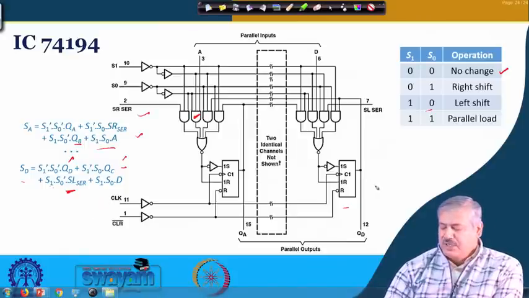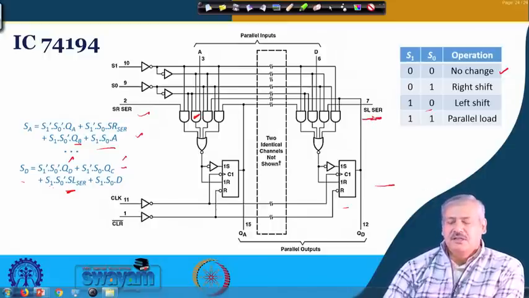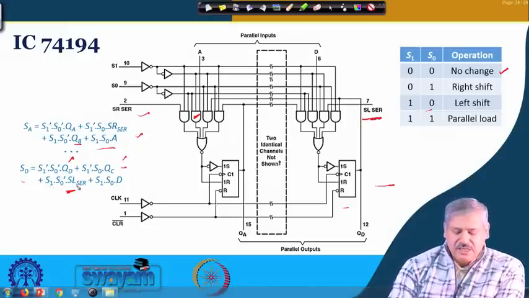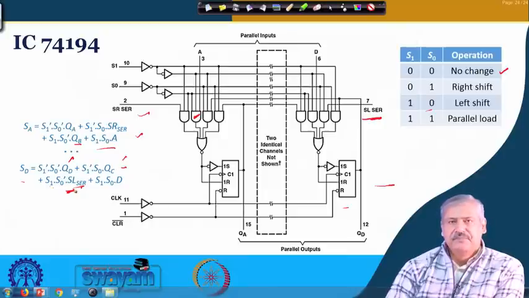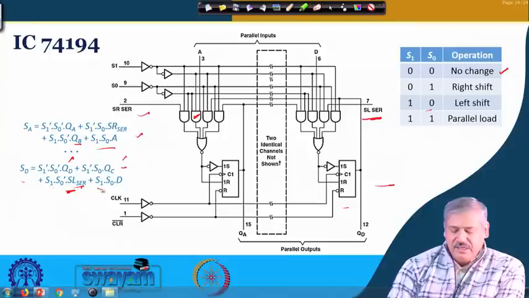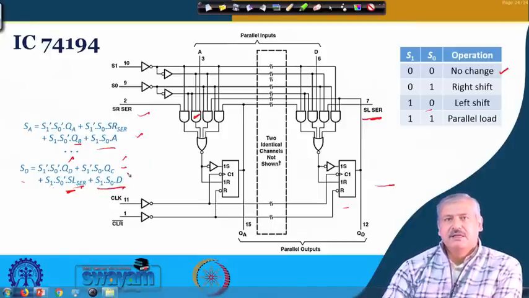Now, there is no other flip flop after this. So basically you have to consider serial data in, which is for left shift, that was one of the inputs of the IC. That is what is connected here. And finally, when both of them are 1, D is directly getting loaded, parallel load.